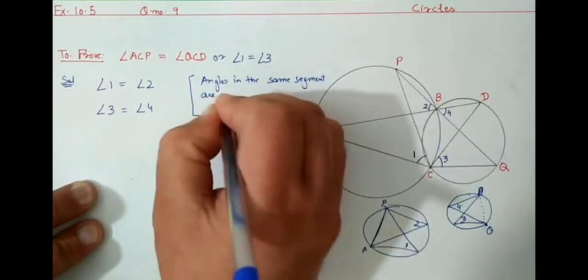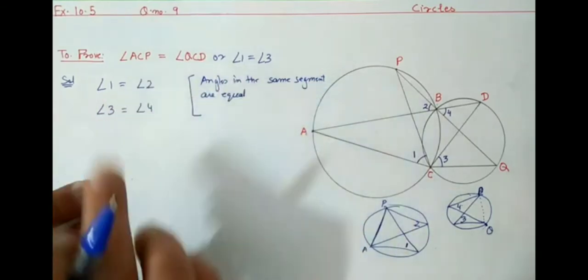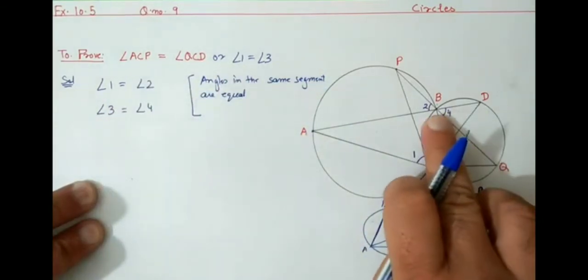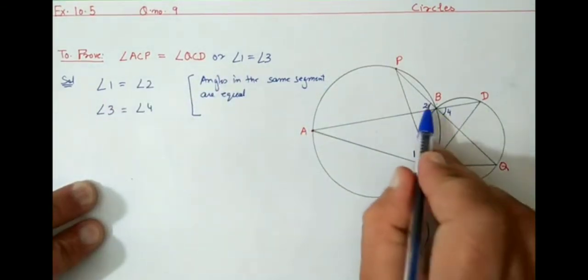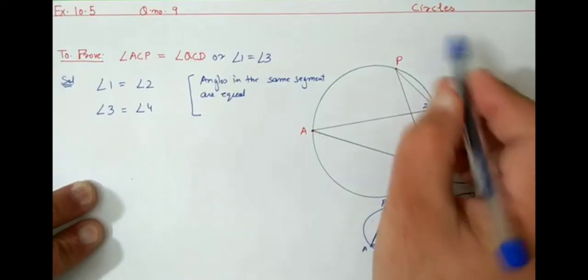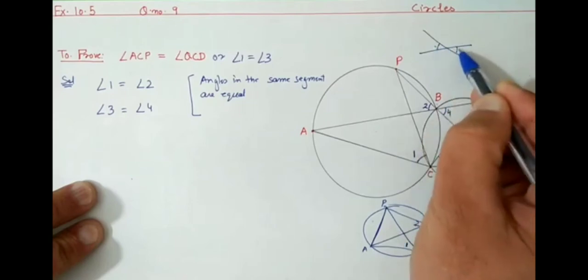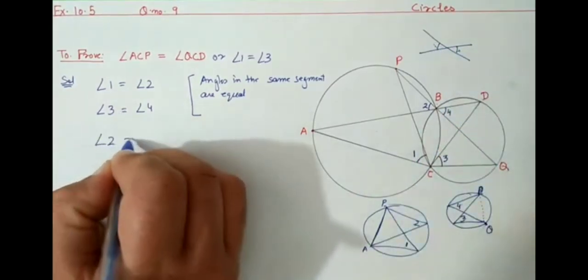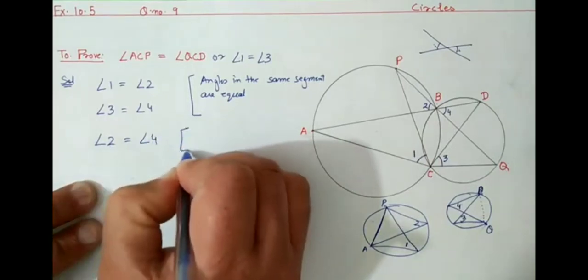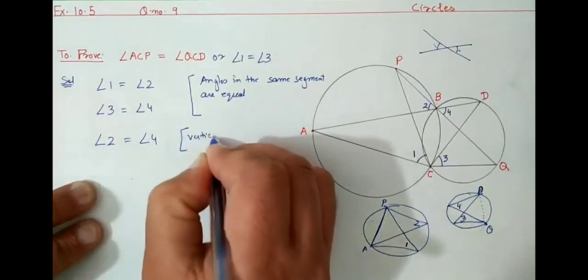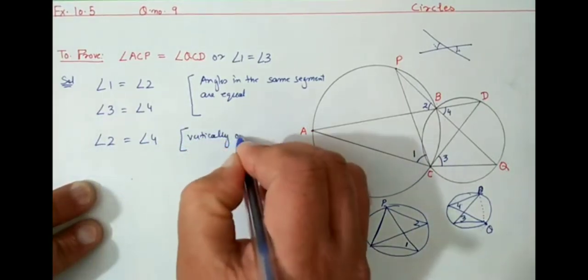You have to write the reason, and the reason is the same for both. Now if you observe, angle 2 and angle 4 are vertically opposite angles, as two lines are there forming an X-like shape. Therefore angle 2 is equal to angle 4. Reason: vertically opposite angles.